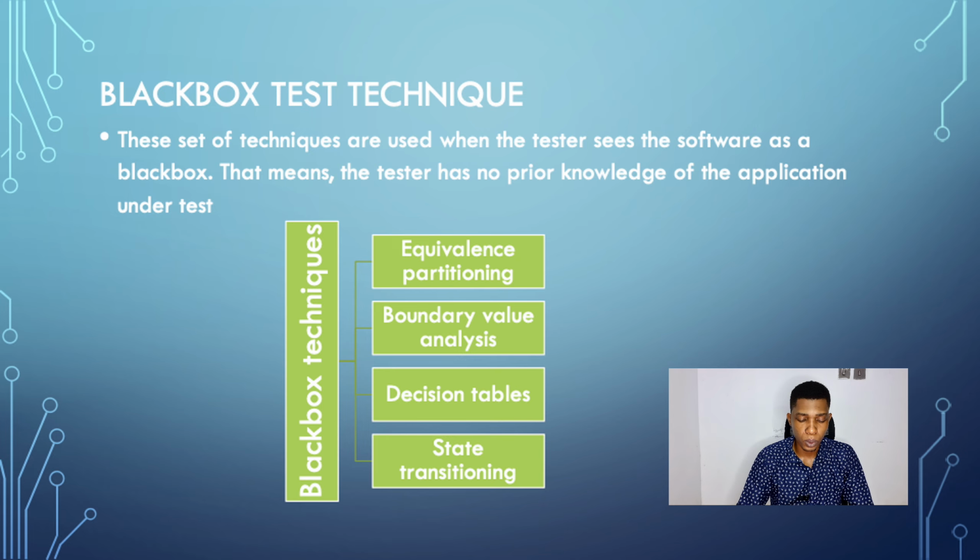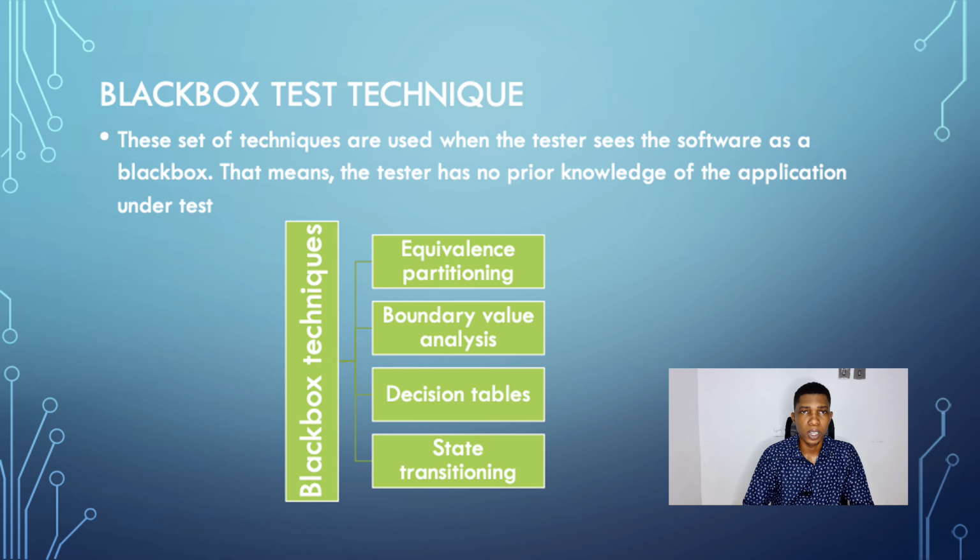So what can be done in this scenario is to test with each one of the valid inputs and each one of the invalid inputs. So you can test with one of the invalid inputs from 0 to 17 and check the result. Most likely, if one of the inputs from that range is used to test, it's assumed that the result will be the same for the rest of the range.